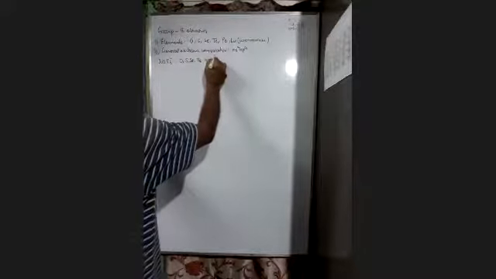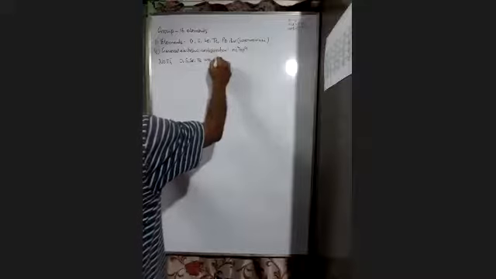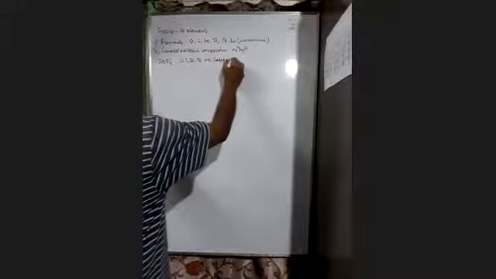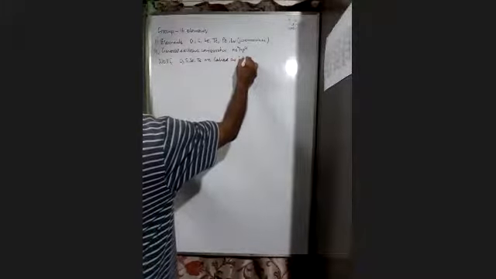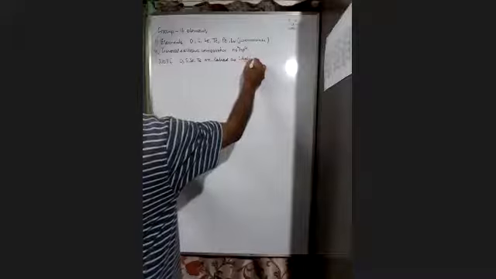Please remember, note. Oxygen, sulfur, selenium, and tellurium are called chalcogens. Please remember this for your entrance exam.